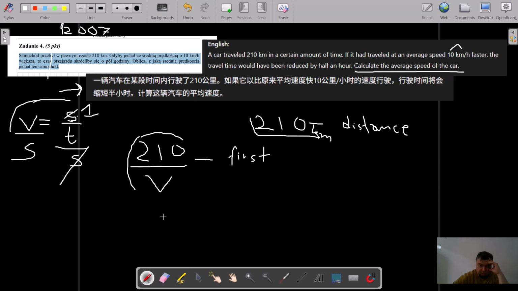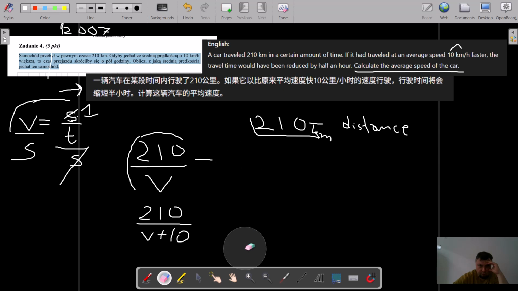But the second one will be 210 over v plus 10. So we can write this is t1, this is t2. t1 is the time when the speed was slower. This one, t2, is the time when the speed was 10 kilometers per hour faster.